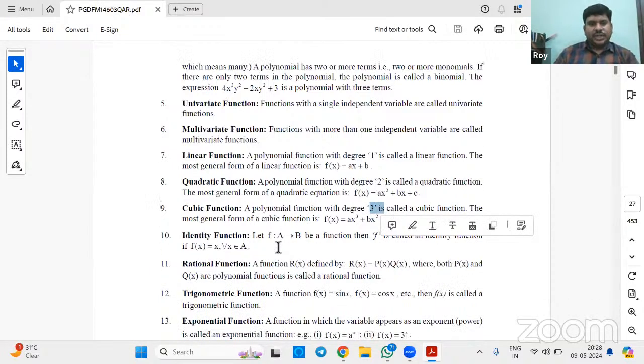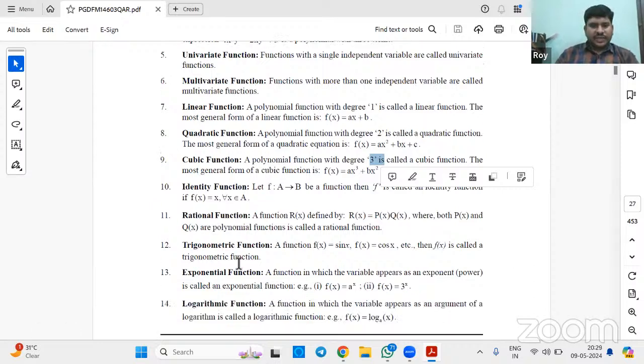Identity function, right? A to B, and which belongs to that. Relationship function, when there is a relationship between two functions, then we call it a relationship function. Trigonometric function, where you use trigonometric ratios, sin x, cos x, tan x, like that. Maybe if you remember your 10th class again, you will understand.